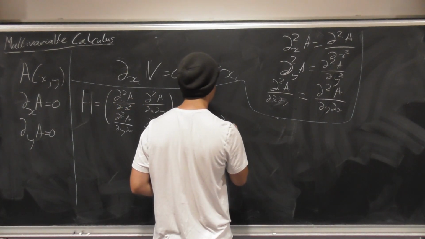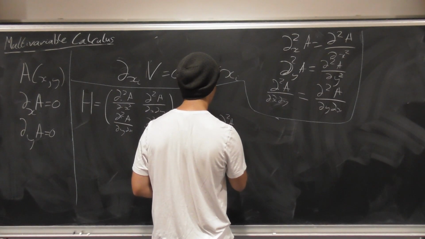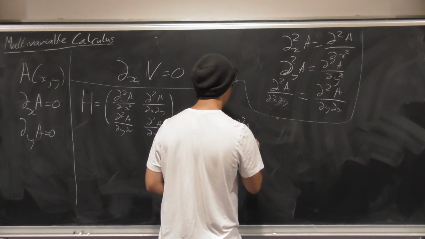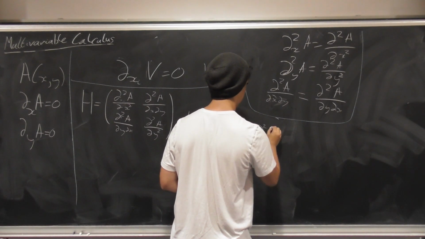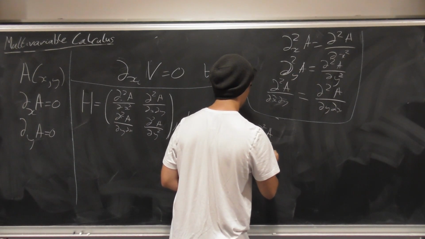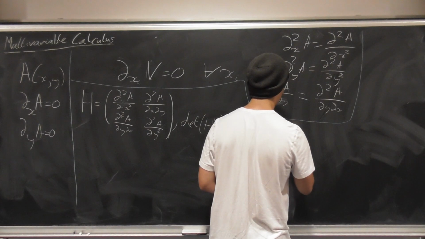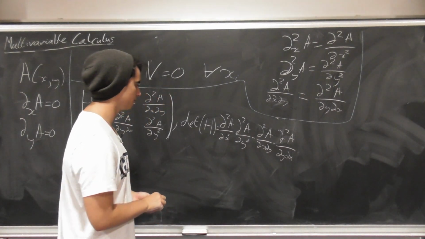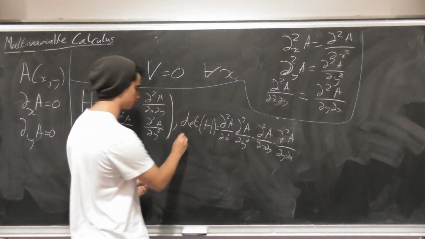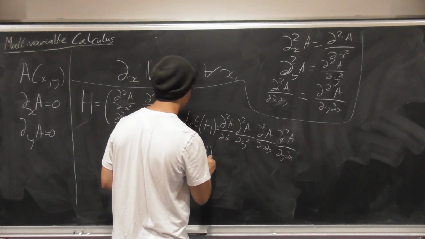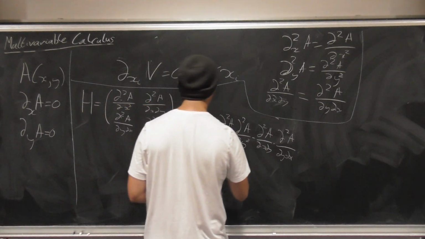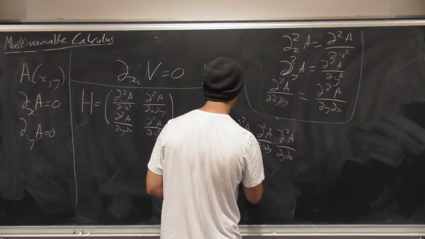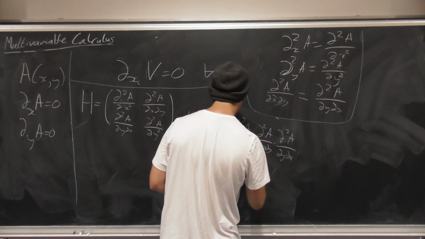But we can say that this is d squared a dx squared times d squared a dy squared minus d squared a dx dy times d squared a dy dx. Right, so this is our determinant. This is quite important. And then we also have what's called the trace. The trace of the Hessian matrix is equal to d squared a dx squared plus d squared a dy squared.